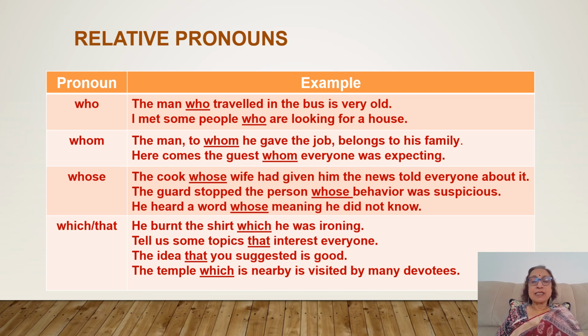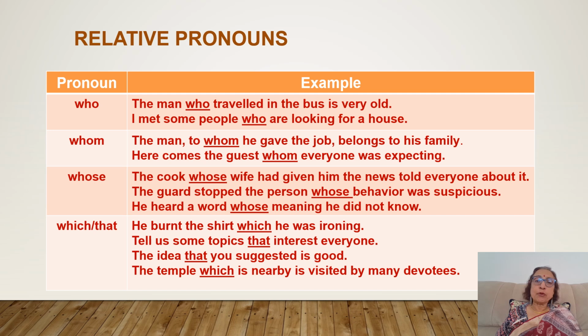So in the sentence which you have to connect, the man is the object. It is not the subject. Although in the first sentence it is the subject, we have to use the object pronoun: to whom he gave the job. By replacing him, we are putting whom. We are also changing the order of the sentence, as you can see.